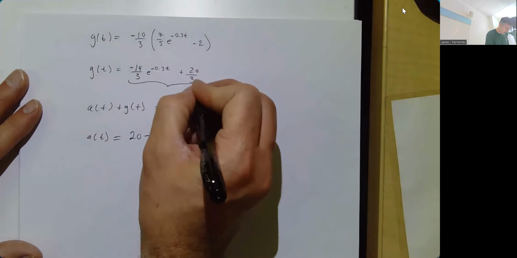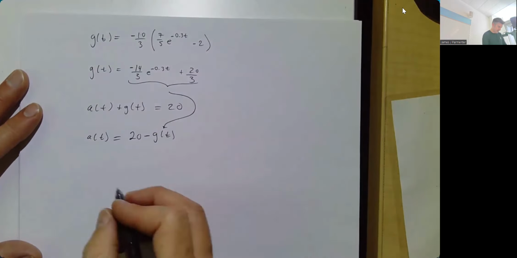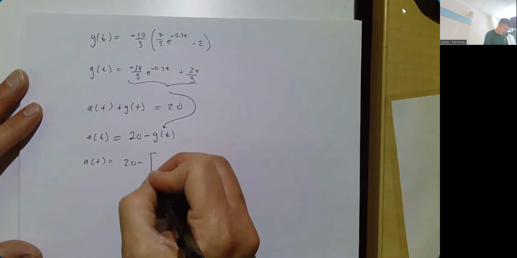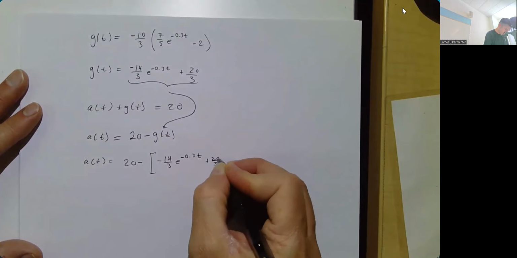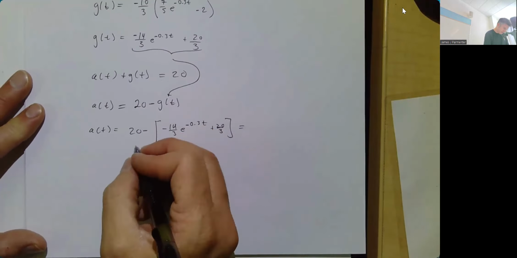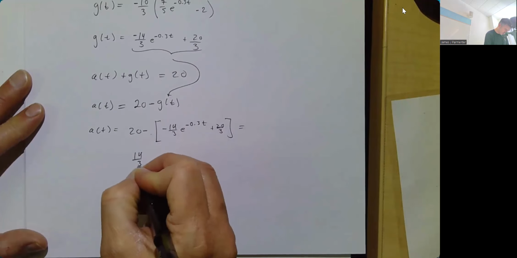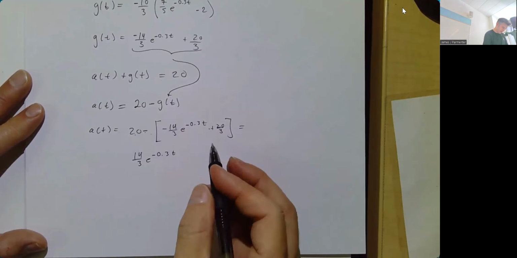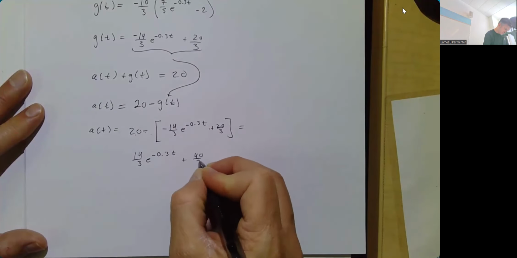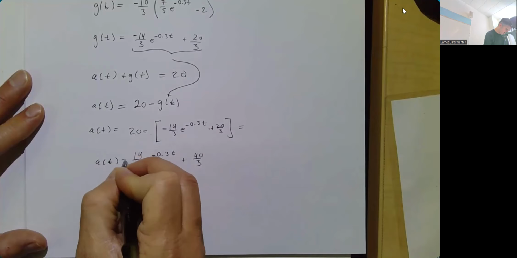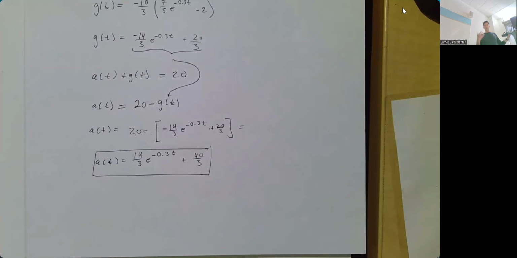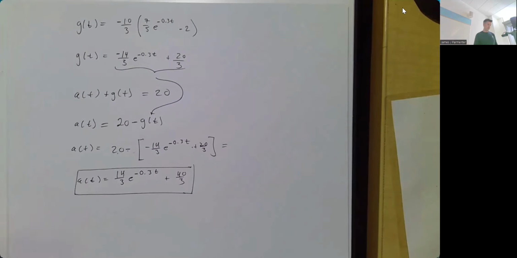That's 20 minus negative 14 thirds e to the negative 0.3 t plus 20 thirds, which is positive 14 thirds e to the negative 0.3 t plus 40 thirds, since 20 minus 20 thirds is 40 thirds. That's why we shouldn't even bother writing A of t on the previous part, because it was super easy to find once we found G of t.